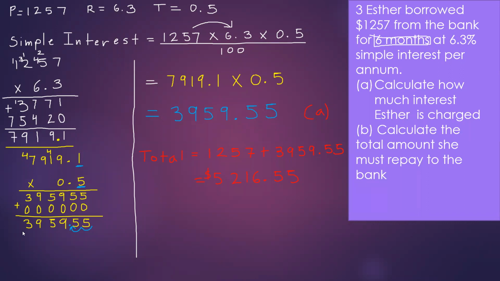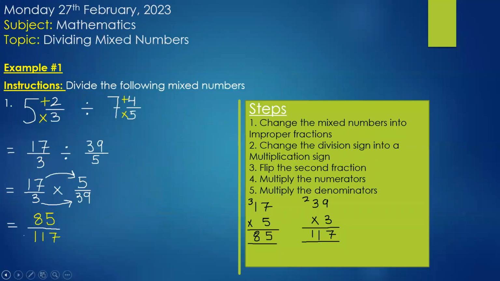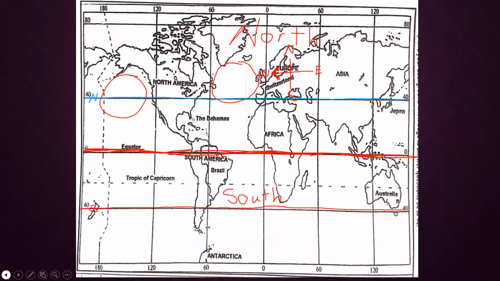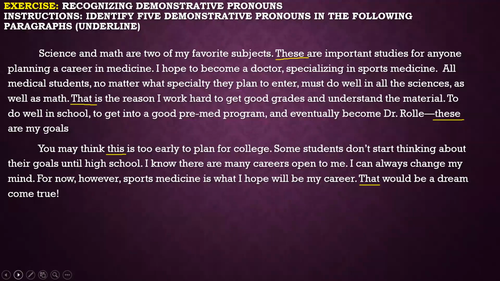All right, so the last time we were here for English language, we dealt with different types of pronouns. Lanaya, can you tell me the 5 demonstrative pronouns that we did?